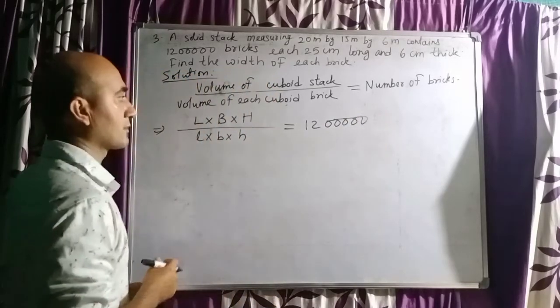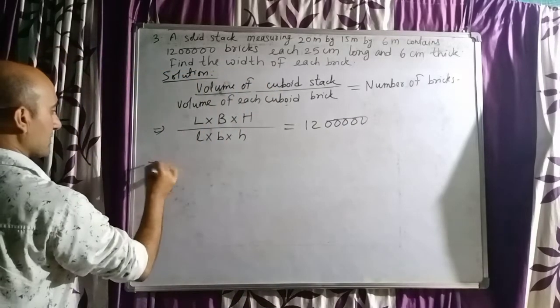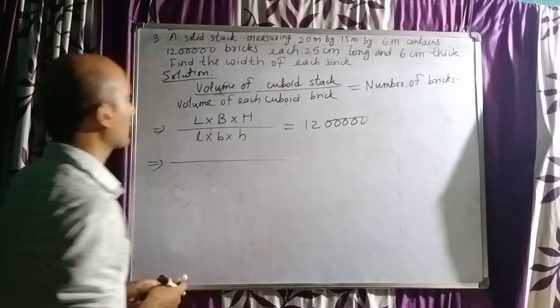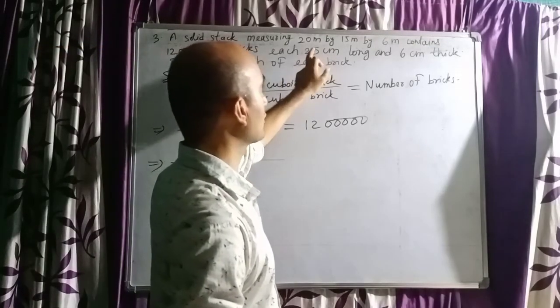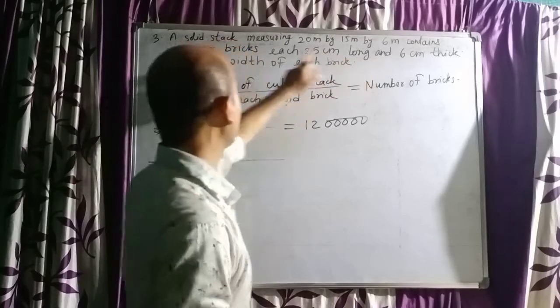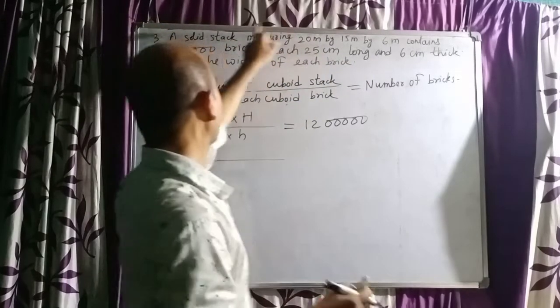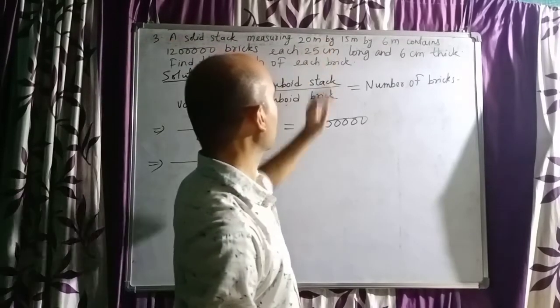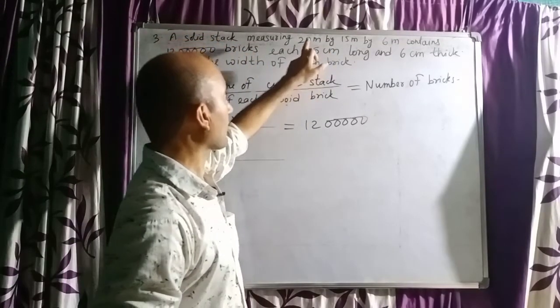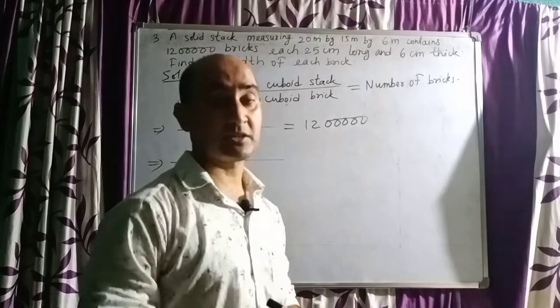So 12 lakh bricks. But children, one very important point to be noted here: the units used for the bricks are centimeter, and the unit used for the stack, the larger shape, is meter. So what we should do is convert this meter also into centimeter.